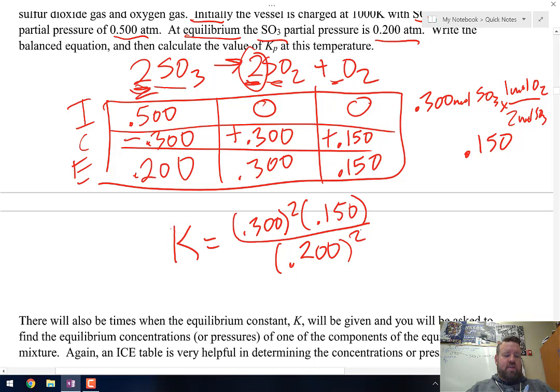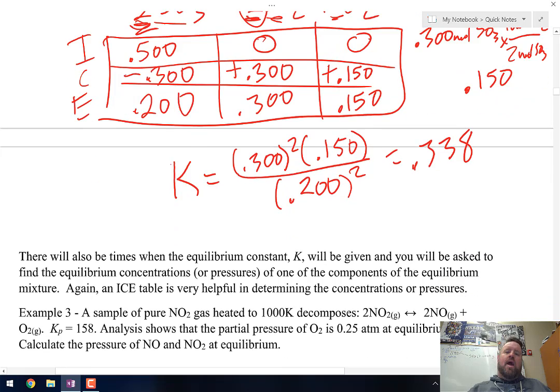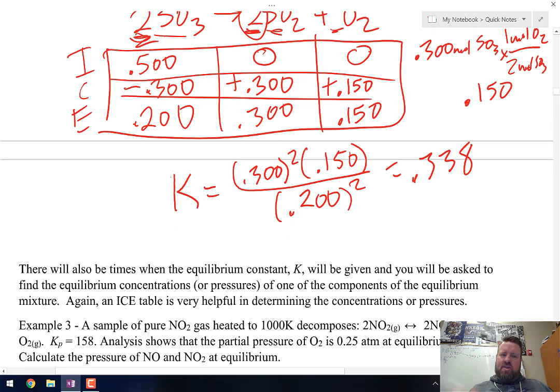So 0.300 squared times 0.150 divided by 0.200 squared equals 0.338 as the equilibrium constant. Okay, so that's just, again, very similar to that first one.